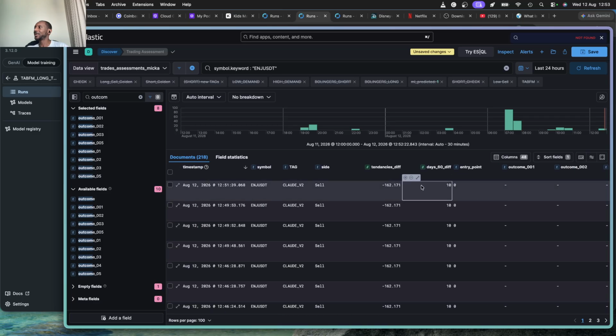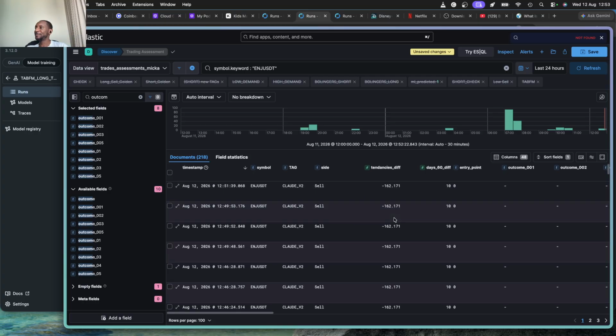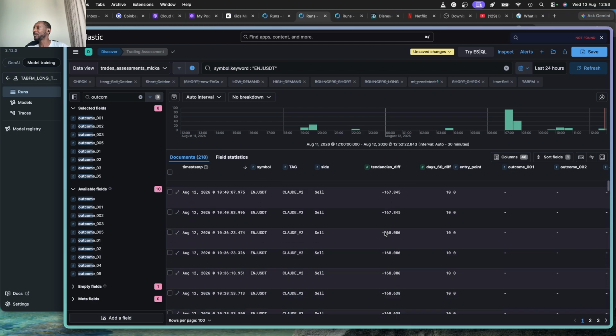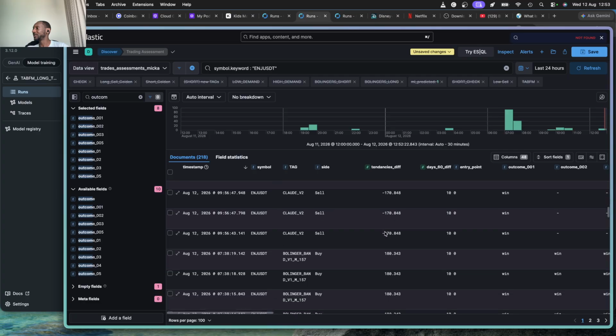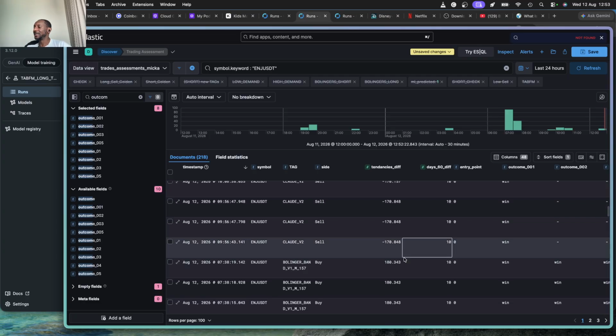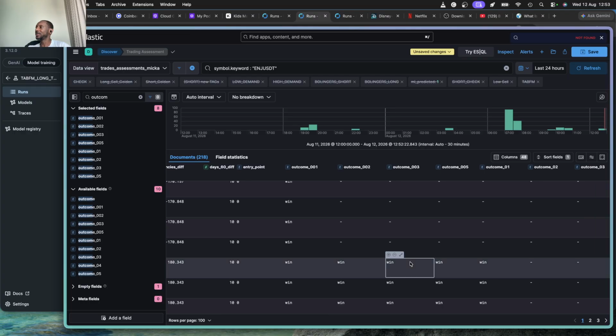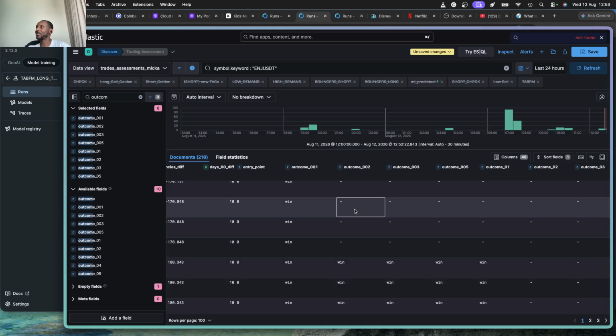These rows here get updated automatically because I've got a syncing job that checks the outcome at every level.